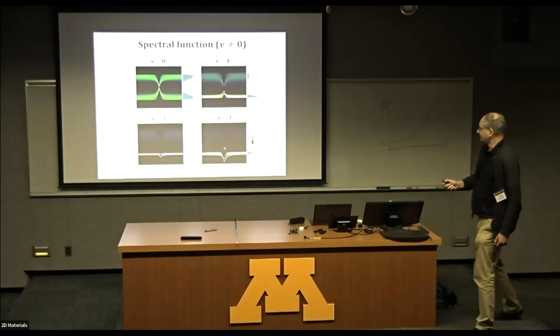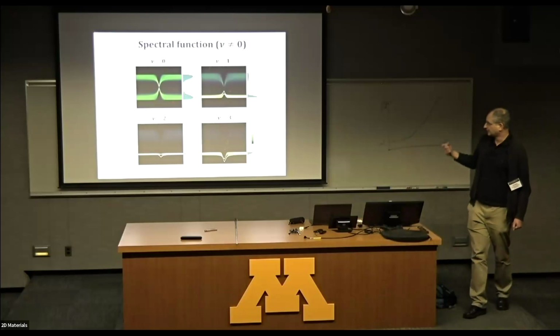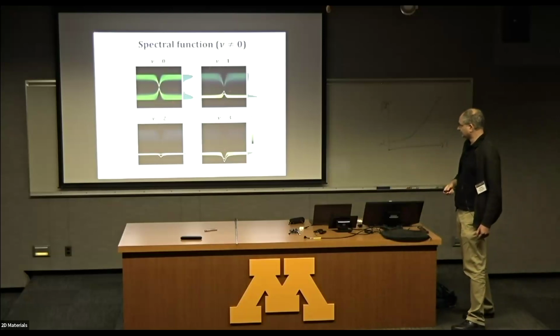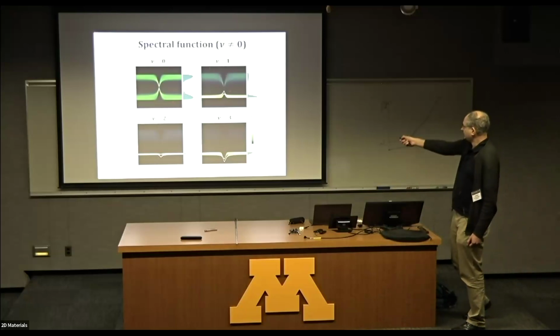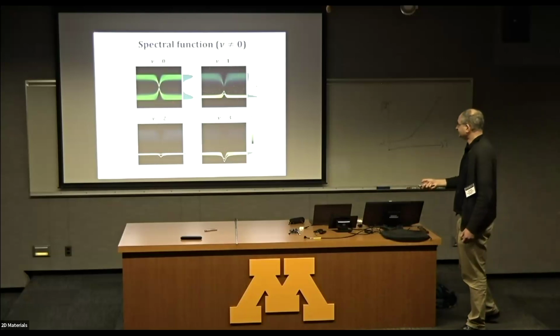Yeah, good. Using this approach, we can also calculate the spectral functions away from charge neutrality, and this is what they look like at integer fillings. Interestingly, in addition to the particle asymmetry in the spectrum itself, there's also a very pronounced particle asymmetry in the width when you go away from charge neutrality.